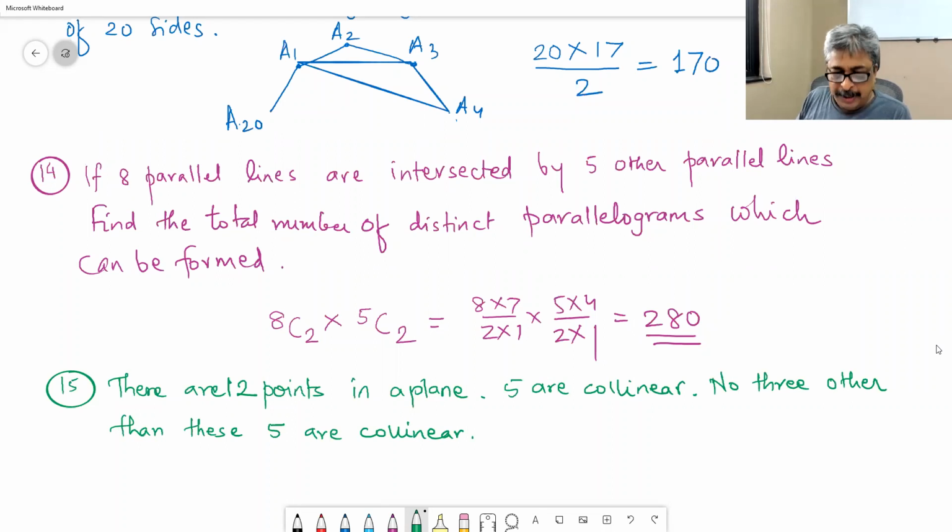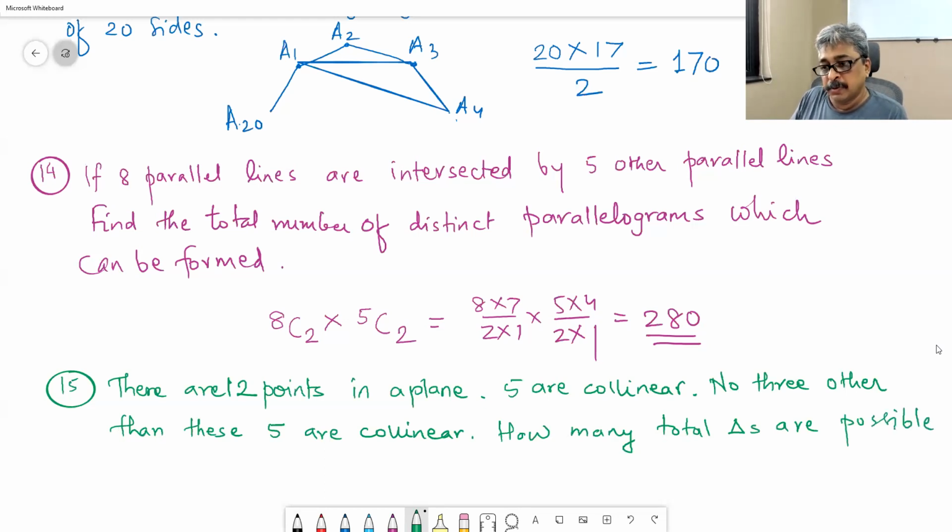How many total triangles are possible? That is question number 1. Question number 2. How many total lines are present?